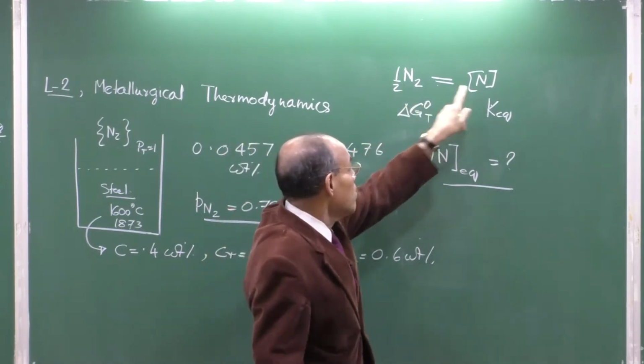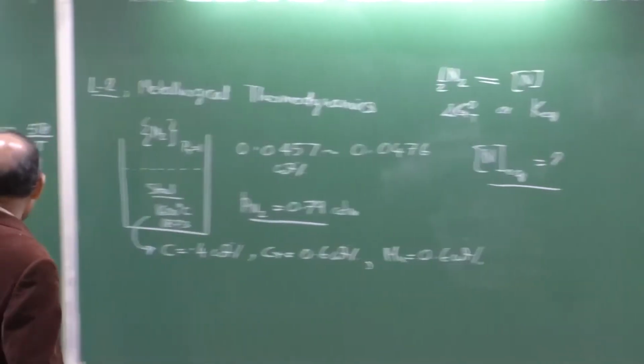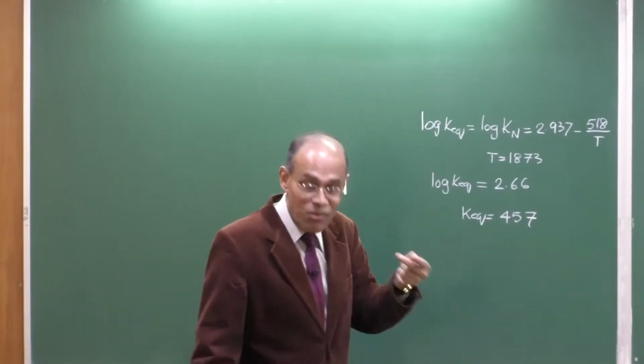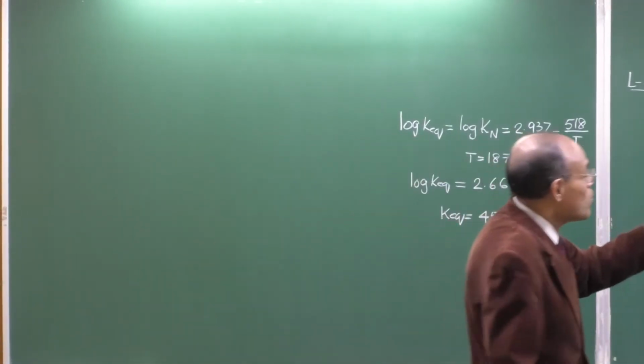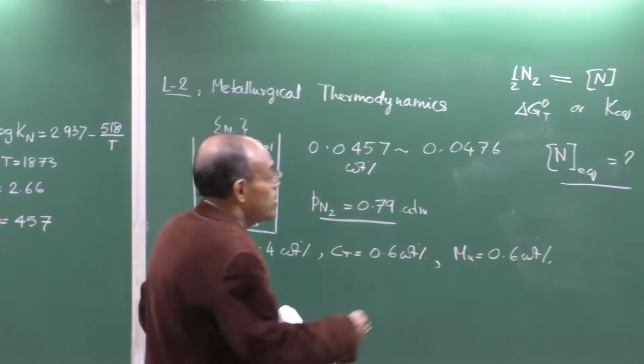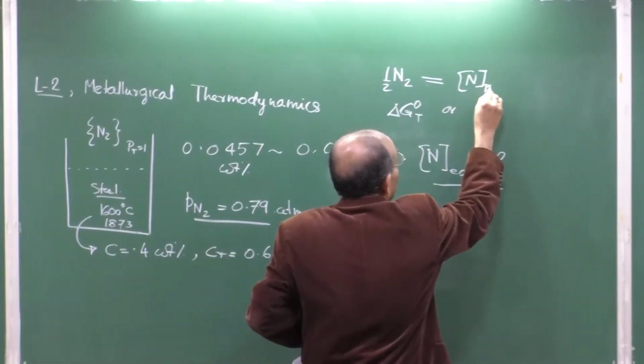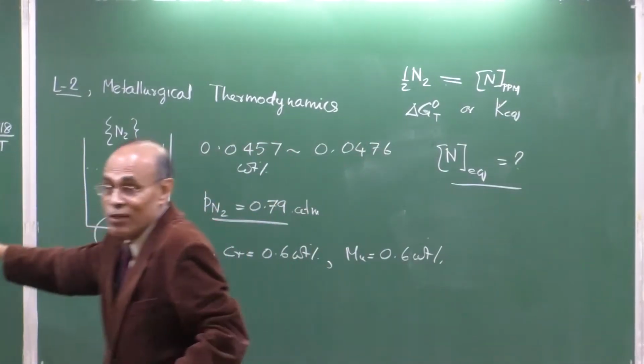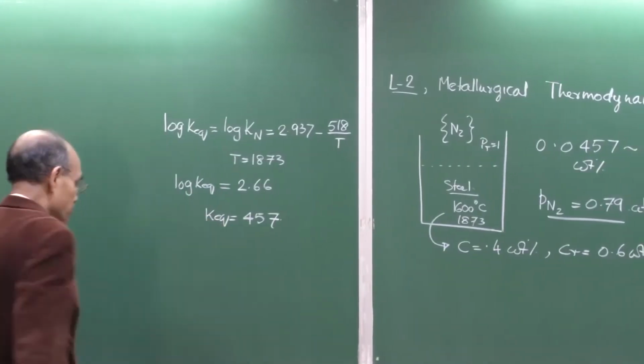That is the condition, because these are all experimentally determined values, based on how the concentration was measured. So when nitrogen is in ppm and atmosphere, the value comes out to be this.